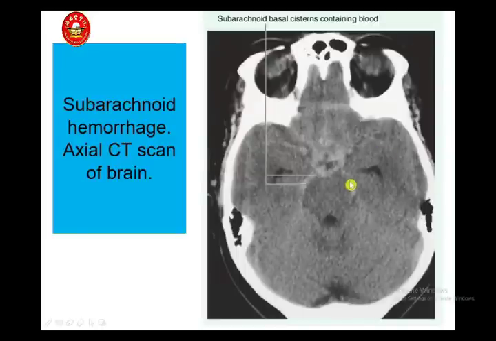Now we can see the subarachnoid hemorrhage in this CT scan. Subarachnoid hemorrhage may occur in patients who have undergone significant cerebral trauma, but typically it results from the rupture of an intracerebral aneurysm arising from the vessels supplying and around the circle of Willis.